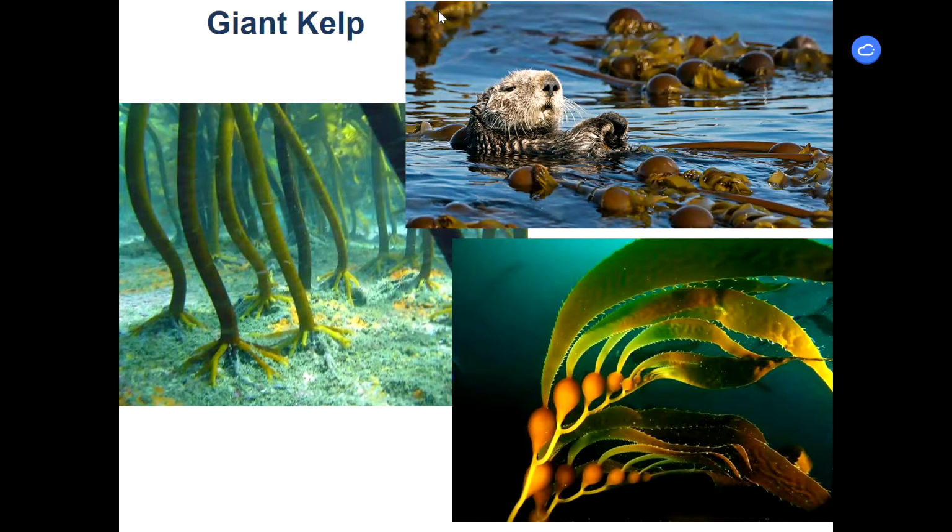They have leaf-like structures that help them photosynthesize. They have flotation devices that they've evolved over time to help them float, and they have evolved reproductive organs. So in this particular example of brown algae, we actually have cellular differentiation.